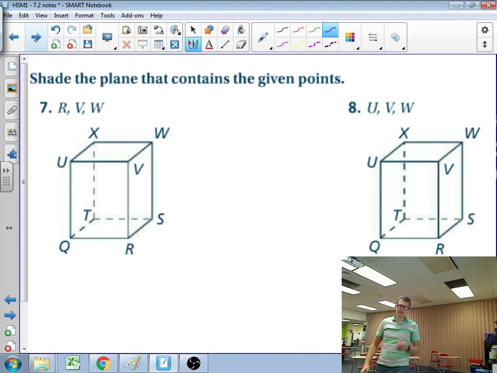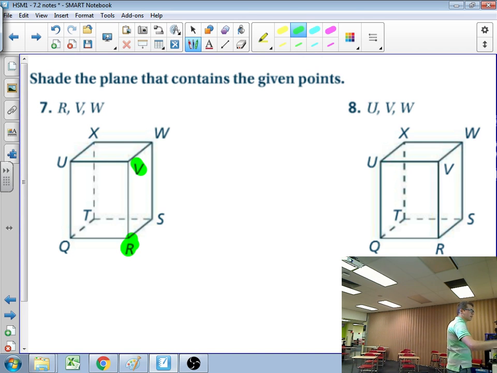Try these on your own for a second if you haven't tried to work through these notes. Shade these planes, the plane that connects RVW and then the plane that connects UVW. So RVW is going to be this plane right here, or I can use the whole plane and just use RVWS, and I can just shade that whole side.